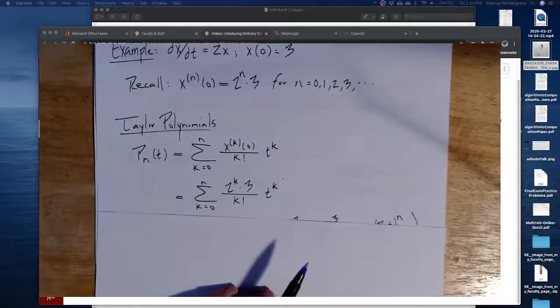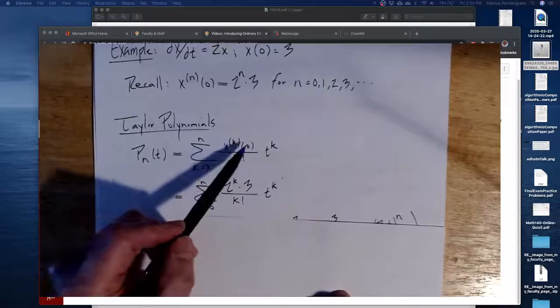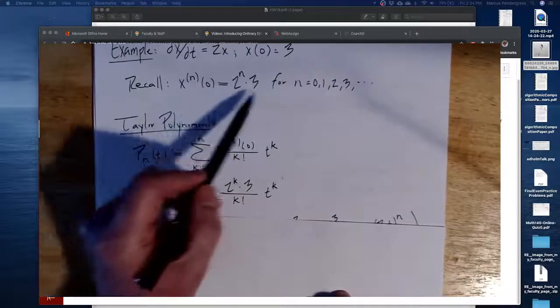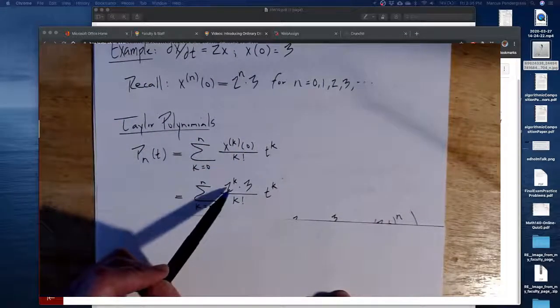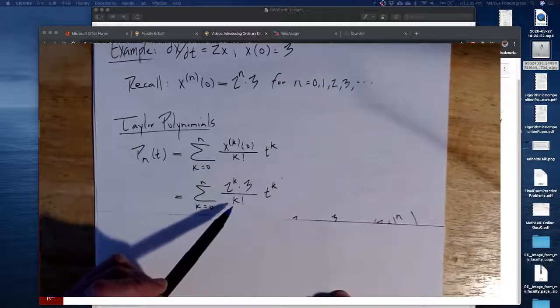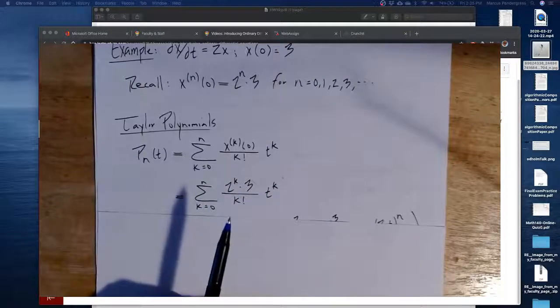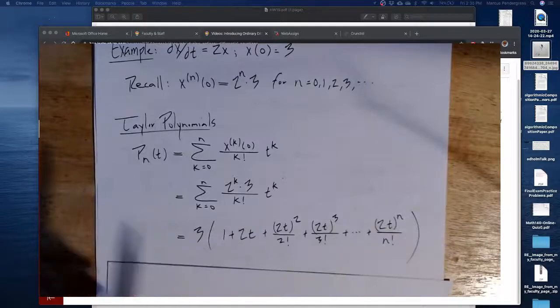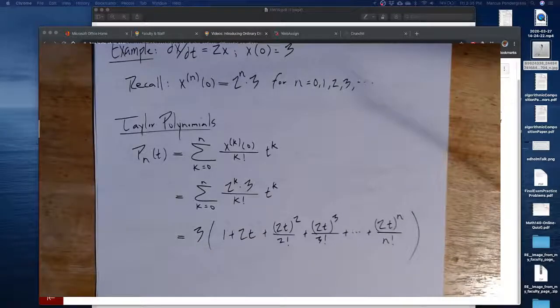So x super k evaluated at 0 would be, from our formula up here, 2 to the k times 3 over k factorial. And that is then the degree n Taylor polynomial. I've just written it out explicitly here.